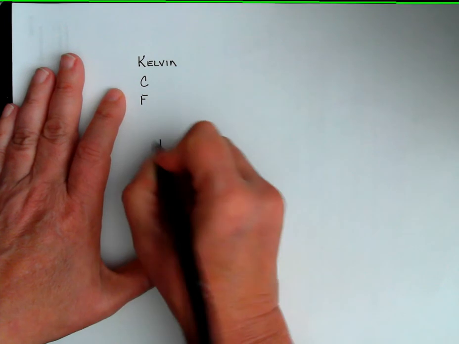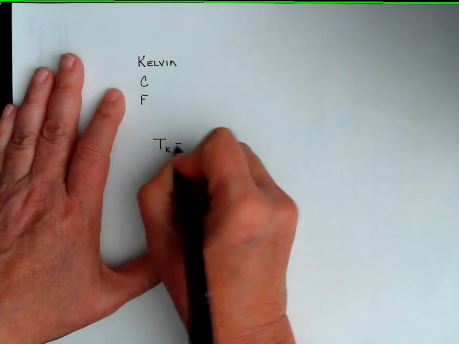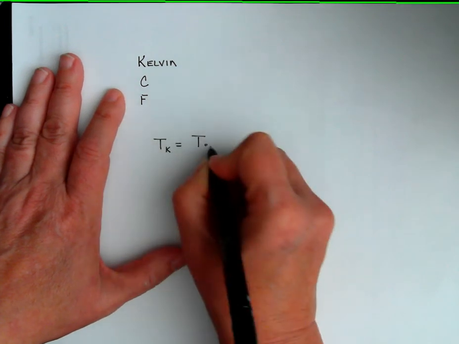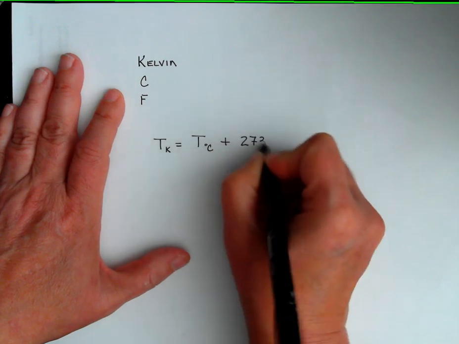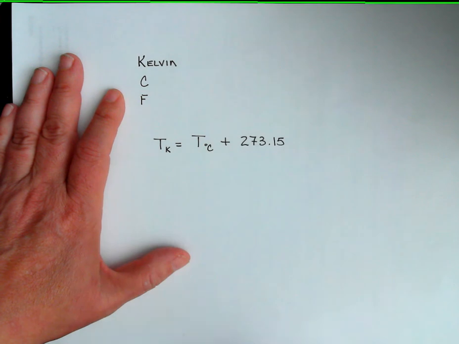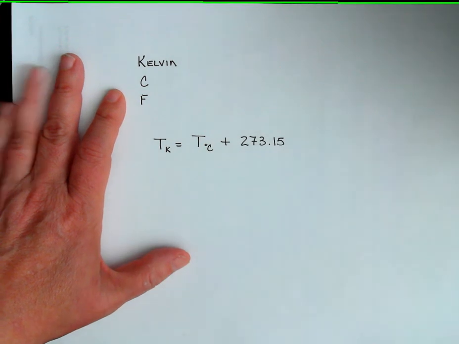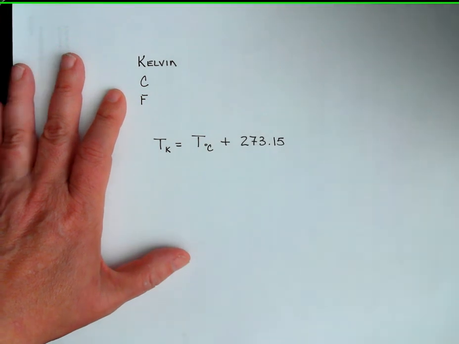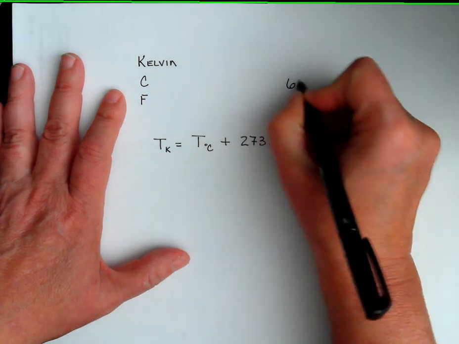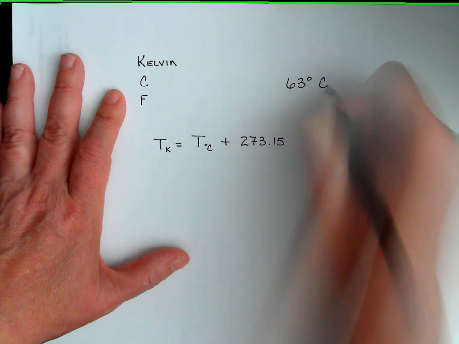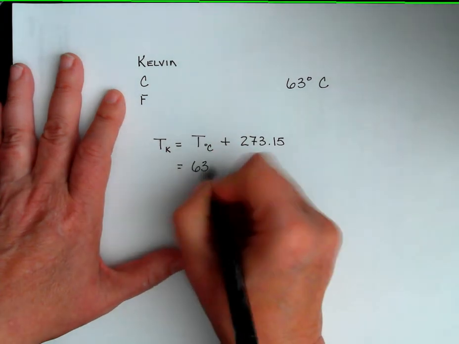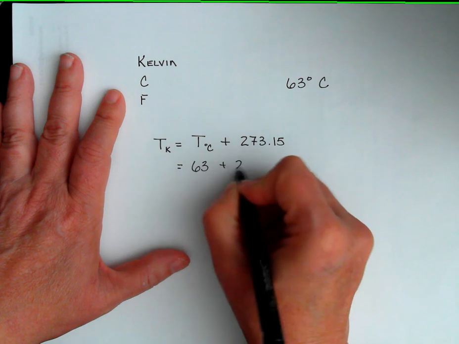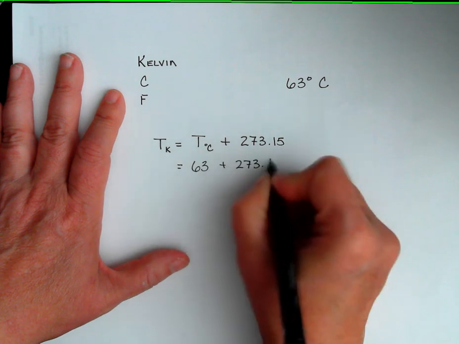So temperature in Kelvin is going to equal the temperature in degrees Celsius plus 273.15 degrees. So if I start with a temperature in Celsius, and I'm going to use 63 degrees Celsius, I'm going to go ahead and put in my 63 degrees plus my 273.15.